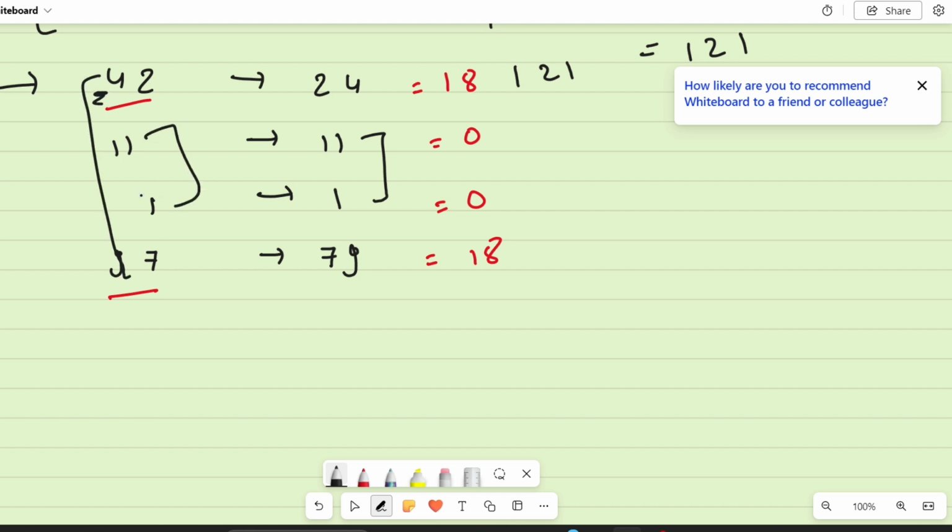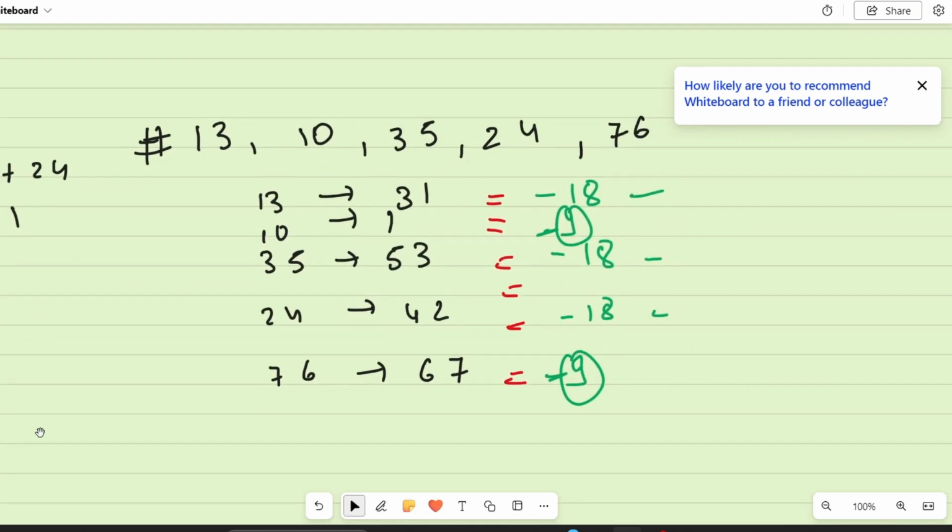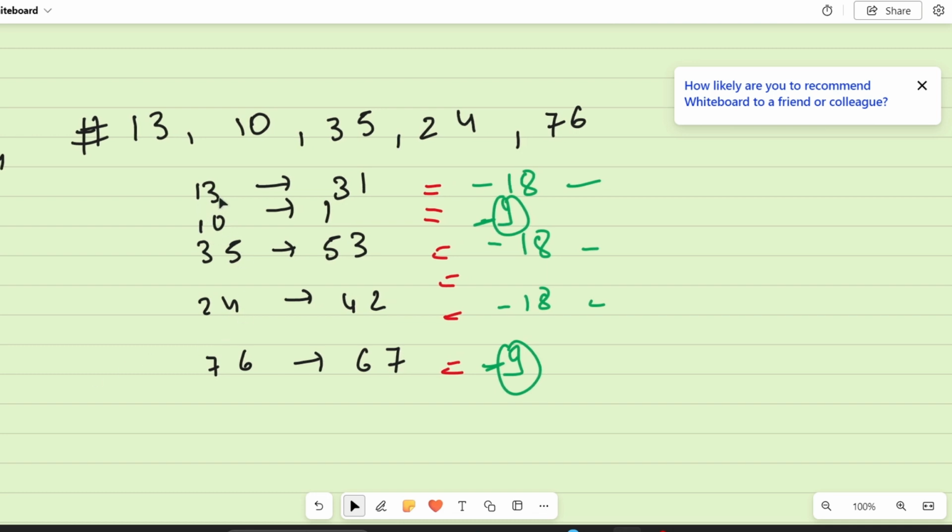We have already formed the pair of 42 and 97 with the brute force method, and we have checked that it gives an answer, and 11 and 1 also form a pair because their differences are the same. In the same way, in this question, we have the differences and we have formed pairs, right?